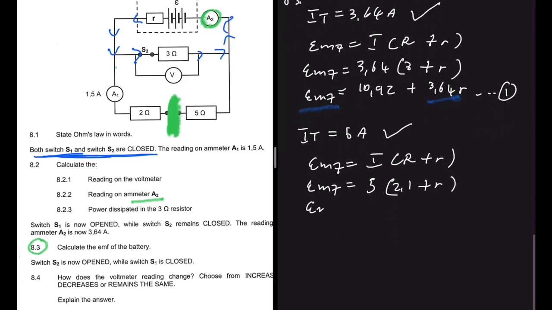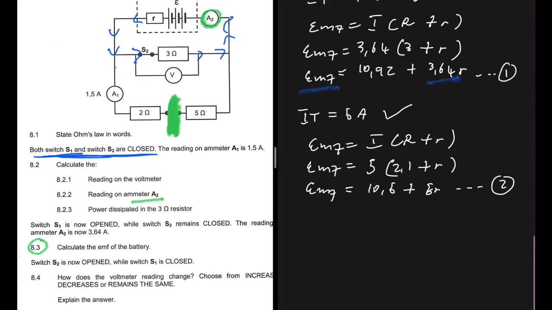So the EMF is equal to 10.5 plus 5R, equation 2. So we can equate these 2 equations and determine the internal resistance and ultimately the EMF.